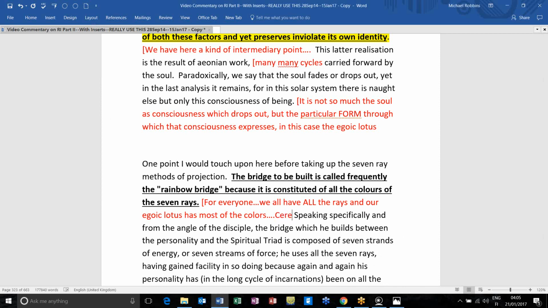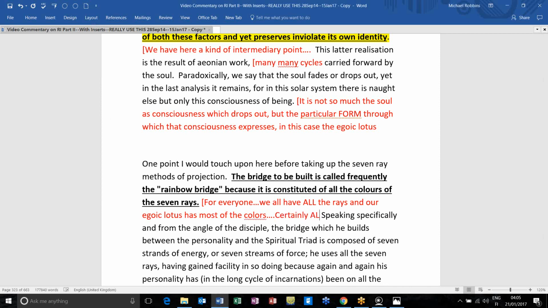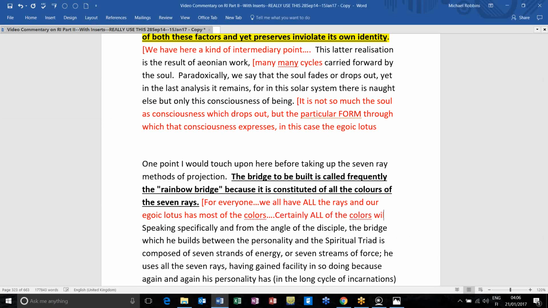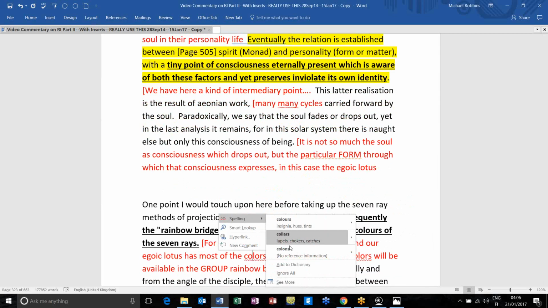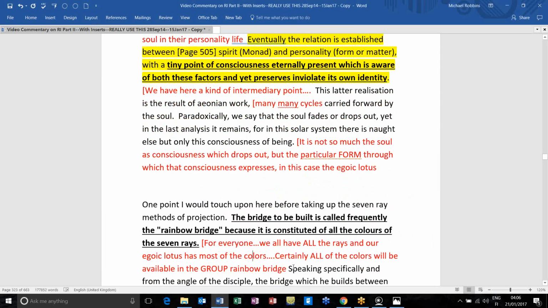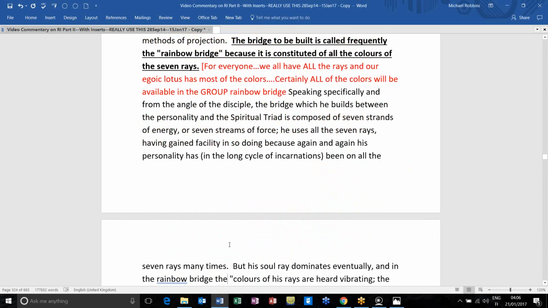Certainly, all of the colors will be available in the group rainbow bridge. Okay, and I'm going to add that to the dictionary, because I'm in a United Kingdom type of English here, and there are some spelling differences.